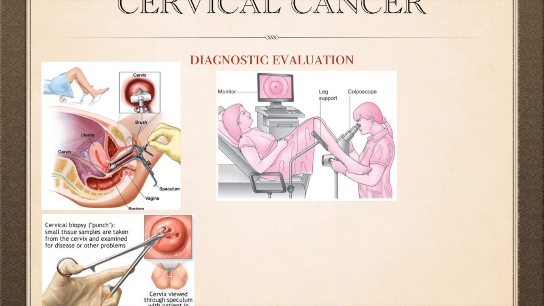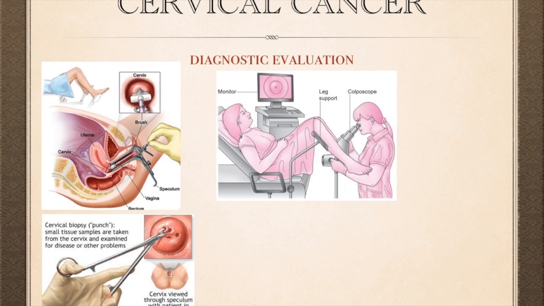It's not easy to see lesions when they're small, but when it's advanced disease, it doesn't look good. It's enlarged, it's bloody, maybe black because of necrotic tissue. So what we'll do is insert the speculum and of course do a pap smear.